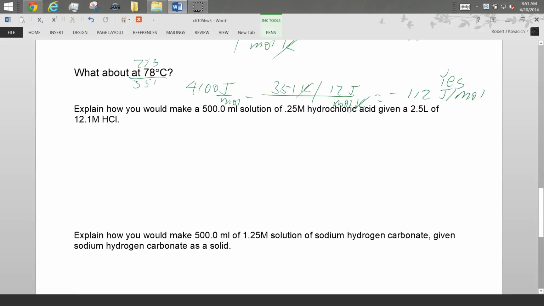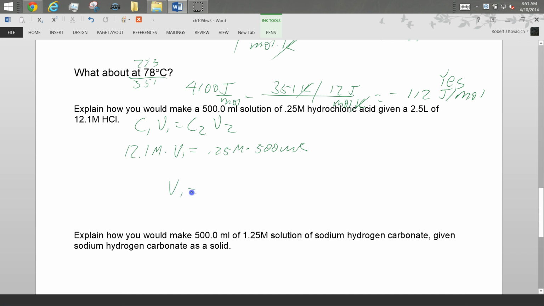Yeah, I got this concentrated solution, and all I want to do is water it down. That's it. So it's the concentration of the initial and the volume of the initial, concentration of the final, volume of the final. The concentration initial is 12.1 molar. I don't know how much of it I need of the concentrated stuff. I do know that I only want 0.25 molar when I'm done, and I want 500 milliliters of it.